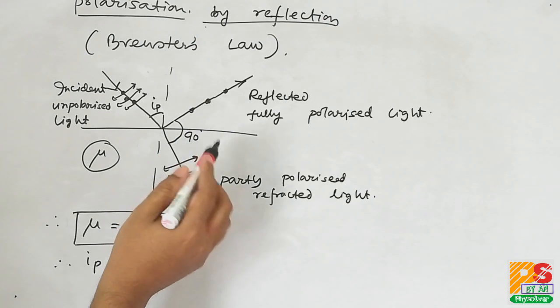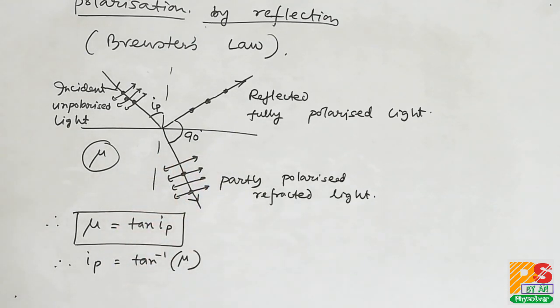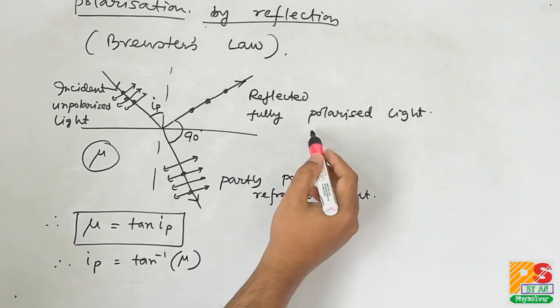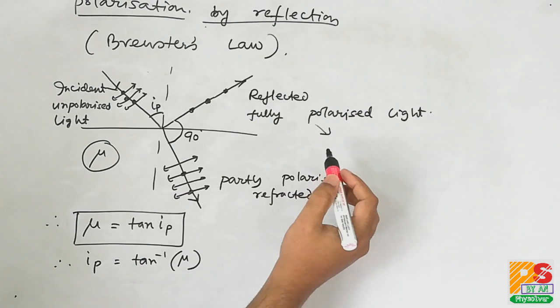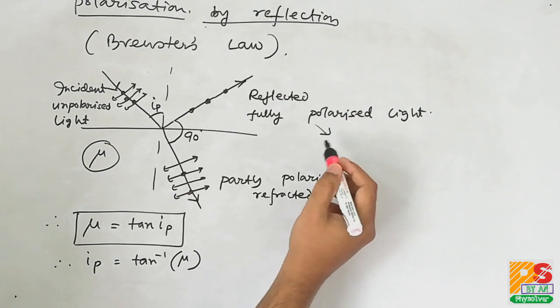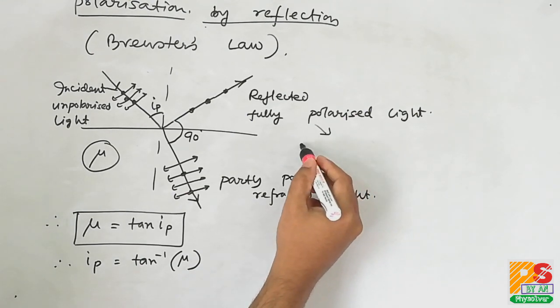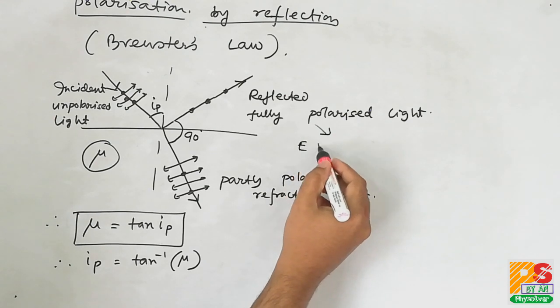Now, see, in the reflected light, the electric vectors are dot. That means the electric vectors are perpendicular to the plane of the page.